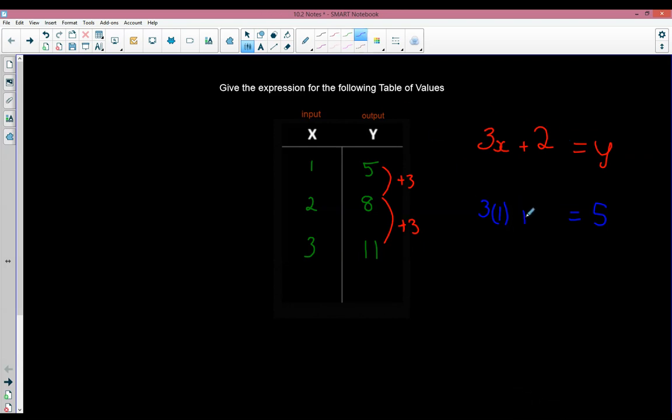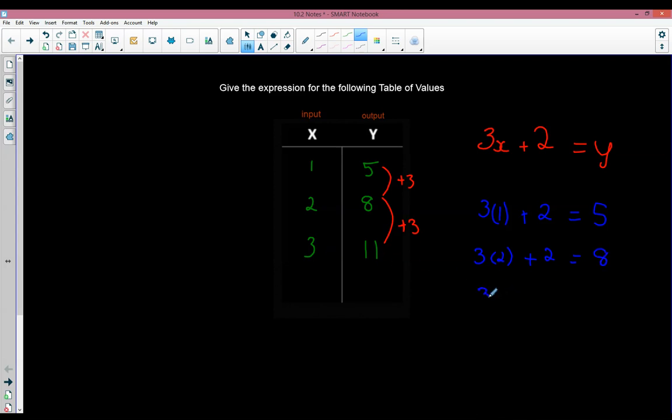We'll try it out. 3 times x, in this case 1, is 3. Add 2 equals 5. We'll try it again. 3 times 2, this being value x, add 2, so 3 times 2 is 6, add 2 is 8.